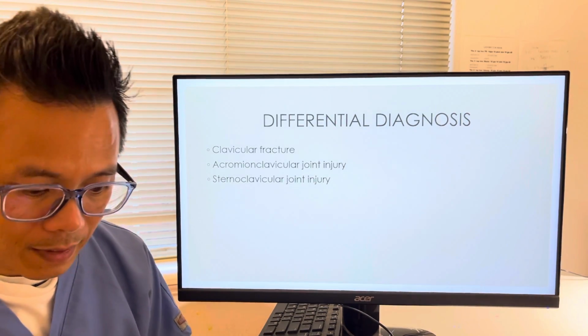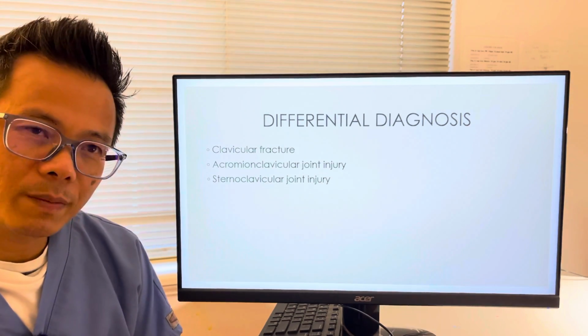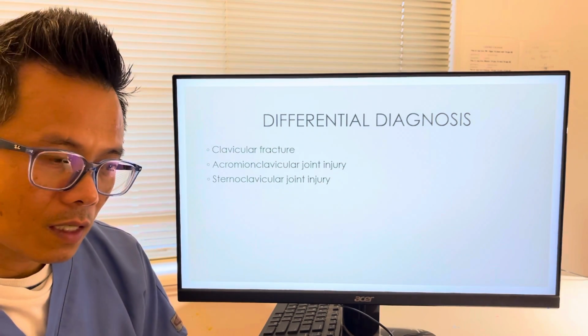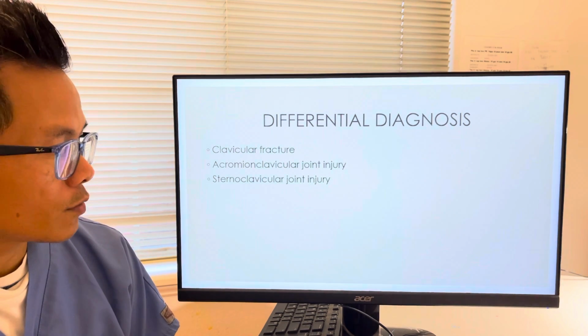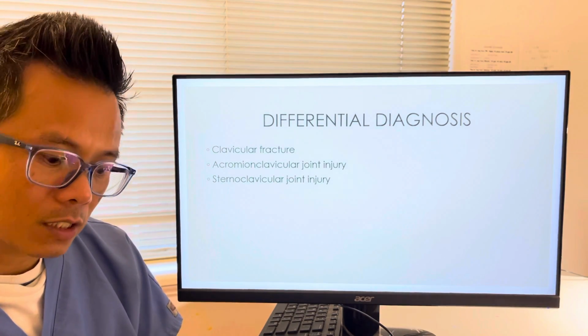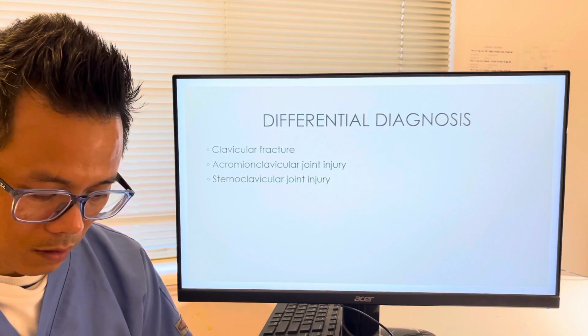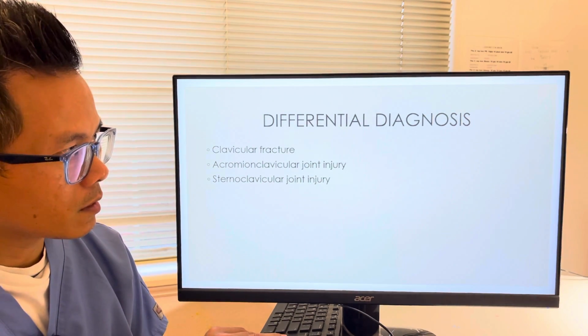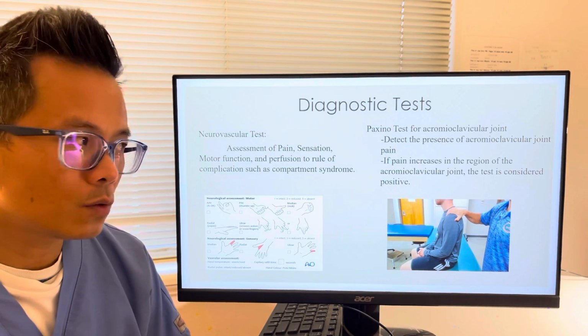Then the differential diagnosis. There are different kinds of diagnosis, but I focus on the clavicle fracture, then acromioclavicular joint injury, and then sternoclavicular joint injury. It depends on location. Sometimes you can determine the diagnosis. What kind of test? There are several tests; choose two of them.